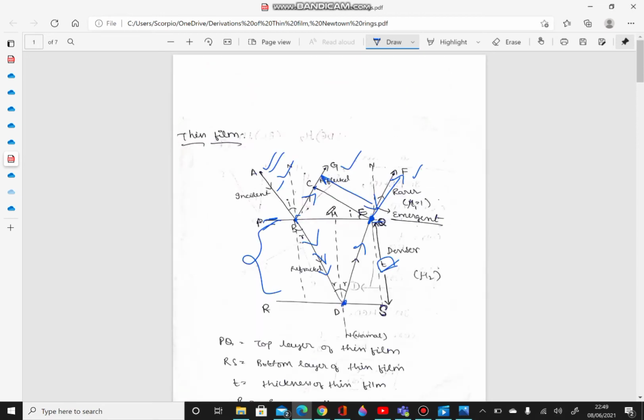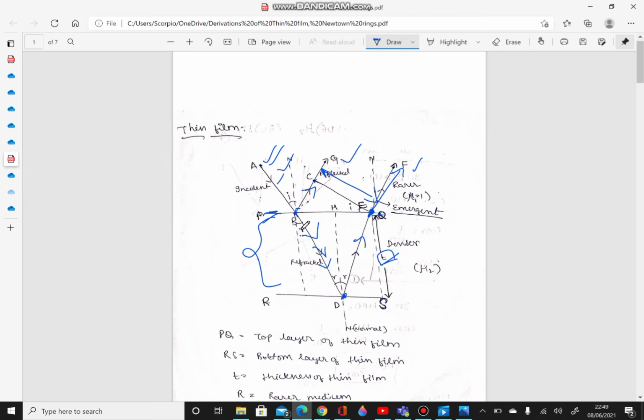Also, as you can see, r is nothing but angle of refraction, because this is angle of incidence, this is the angle of refraction, and by the rule of alternate angles, this angle and this angle are equal. Hence, this is angle of refraction r. This is also angle of refraction, because these two will be equal. This refracting ray is actually reflecting from this bottom surface and is getting refracted back into the original medium.